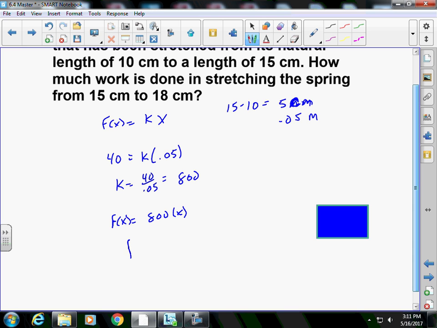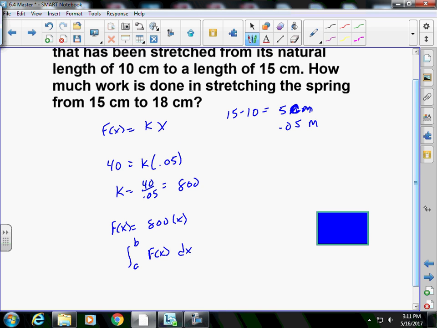We are going to integrate from A to B of some f of x dx. Well, we know f of x. We want to go from 15 centimeters to 18, so it's 15 subtract 10, which is 0.05 meters, and 18 subtract 10, which gives me 0.08 meters.